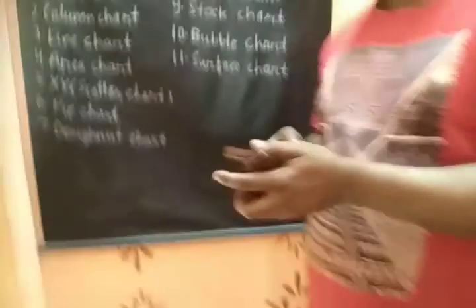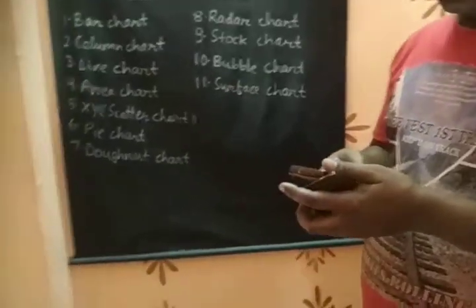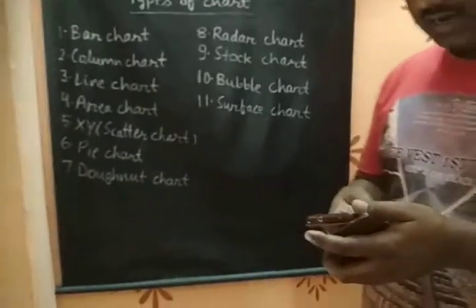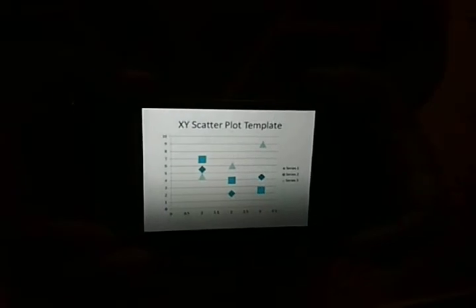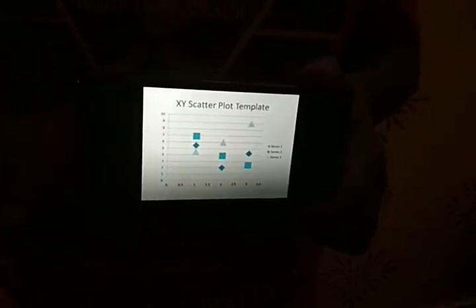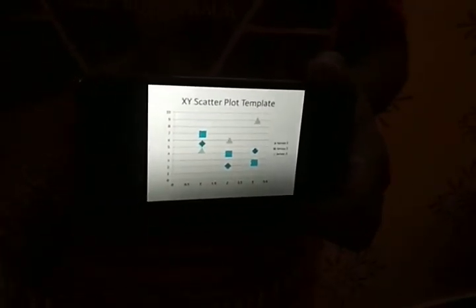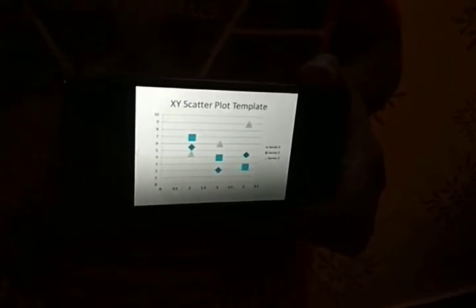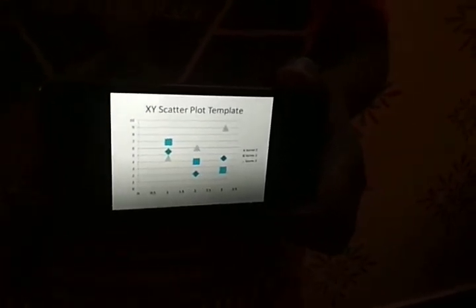Next is XY chart. It is also known as scattered chart. So this is the picture of XY or scattered chart. So in scattered chart there are two axes, x-axis and y-axis. At x-axis is the independent variable and at the y-axis is the dependent variable.